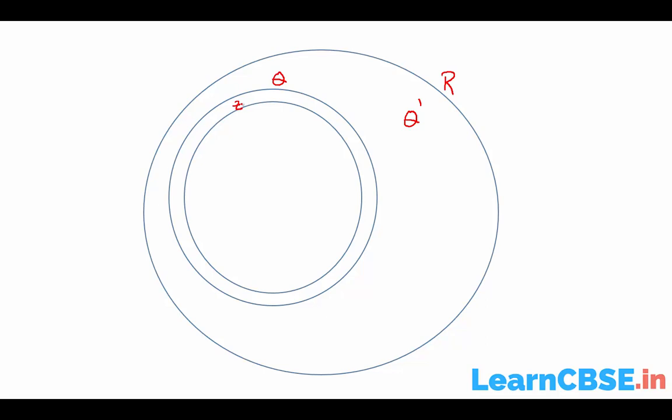So this is the set of integers, because integers are a part of rational numbers. And in integers we have whole numbers and negative integers.